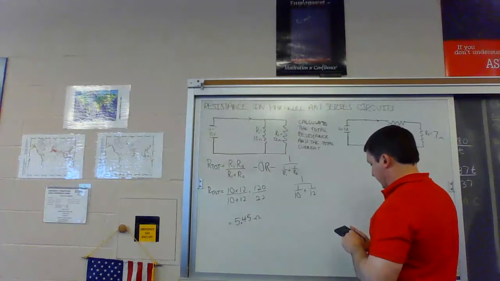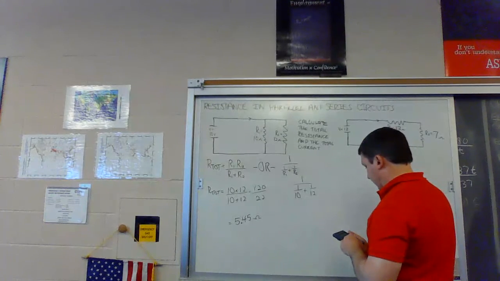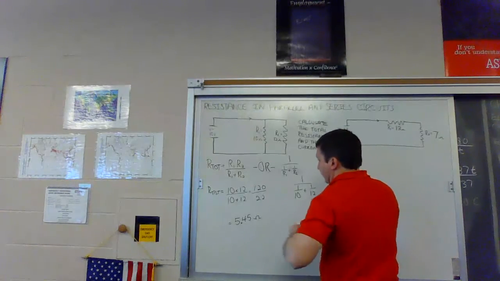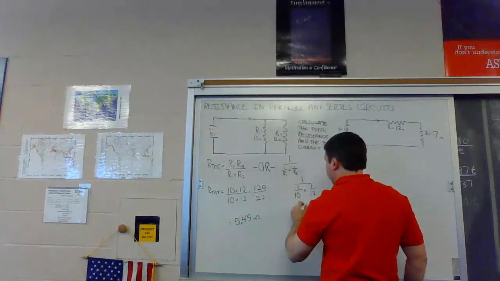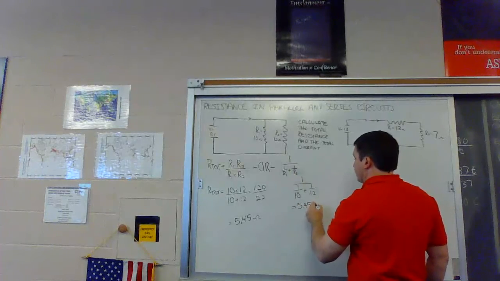There should be a button on here. Yeah, there it is. You still get 5.45. So maybe this version of the formula is easier for you.